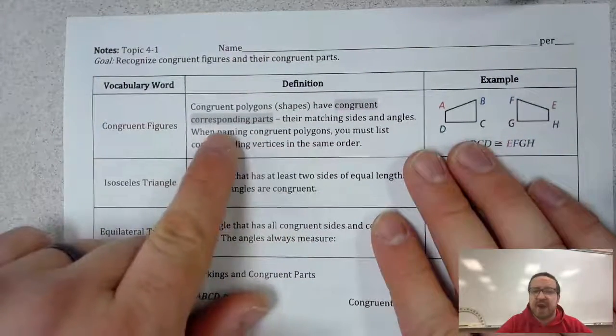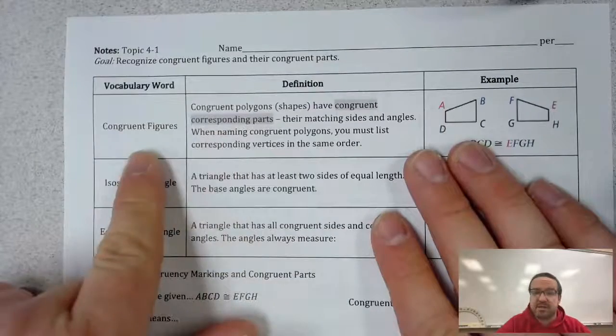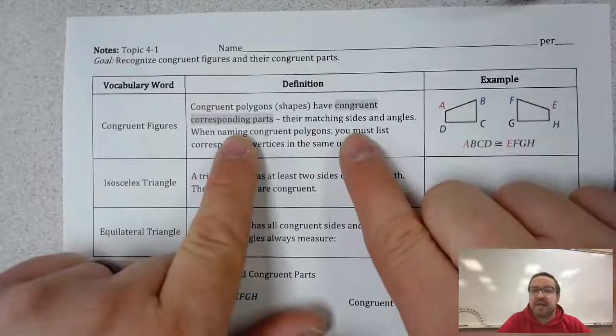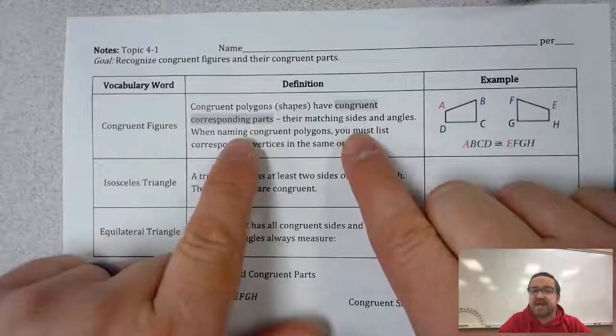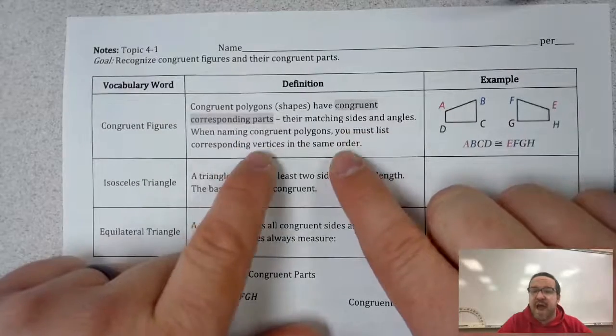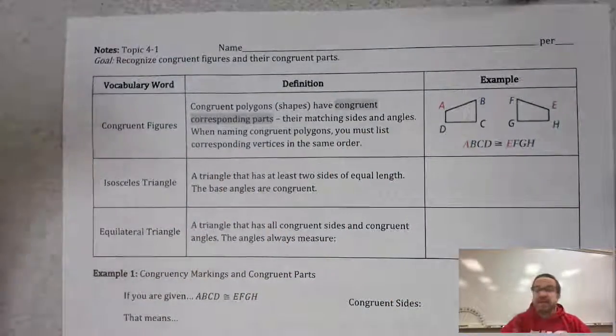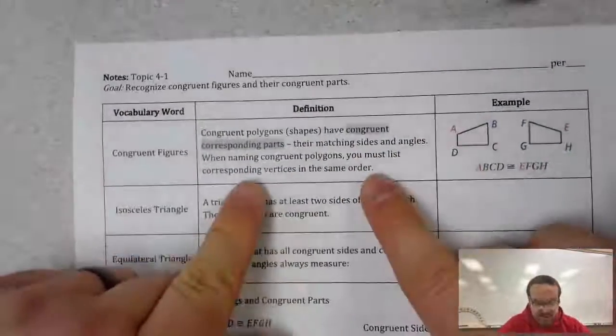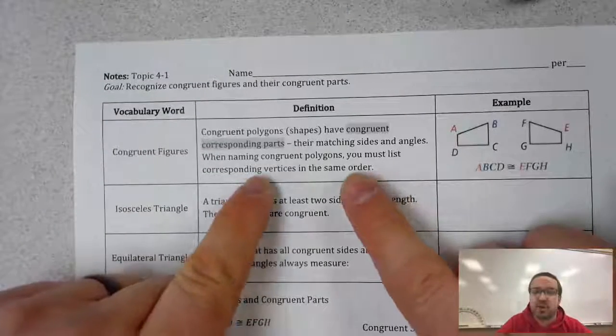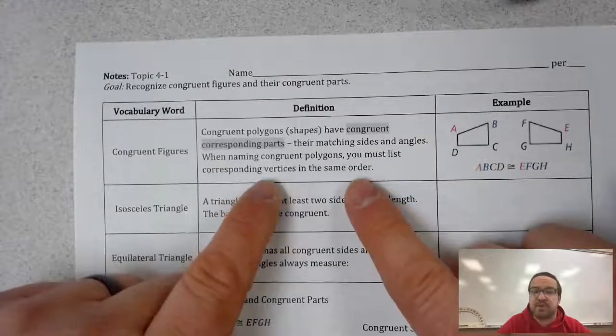If I have congruent polygons, which means that all sides and all angles have to be congruent to something else, right? This last part of the last sentence is the most important. You must list corresponding vertices in the same order.